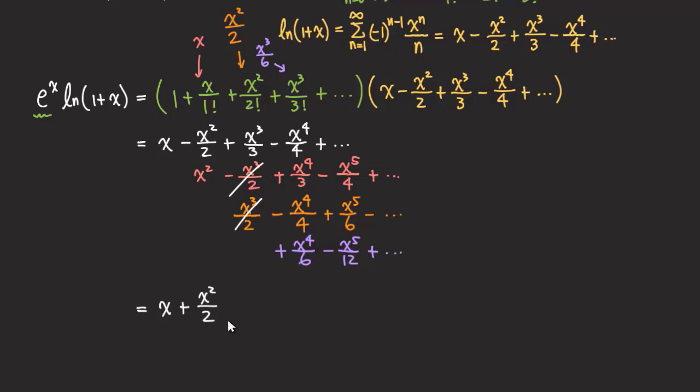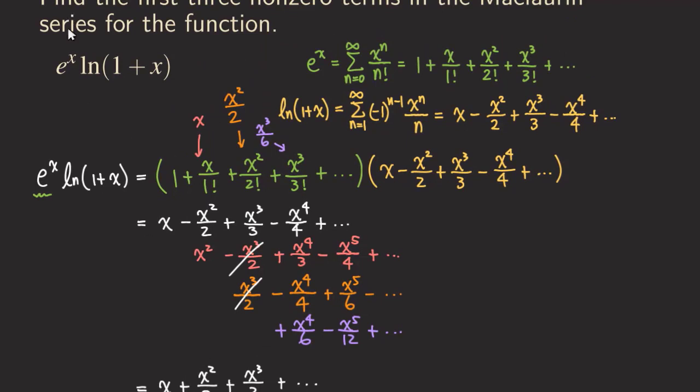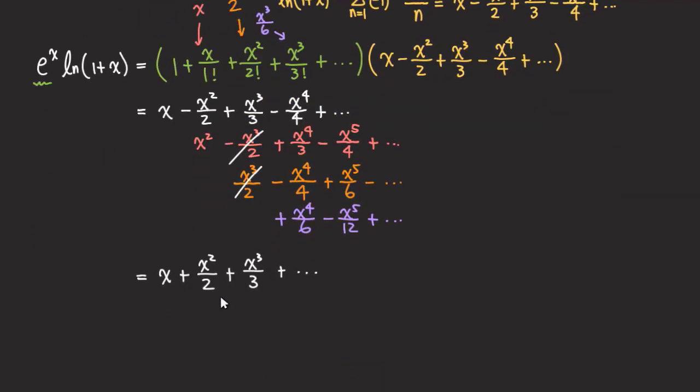And then we only have this one, so we get plus x cubed over 3. There is more going on, but if we just want the first 3 terms, we just leave it. And that will be our final answer. So that would be our Maclaurin series for this function. As you can see, the answer is right here.